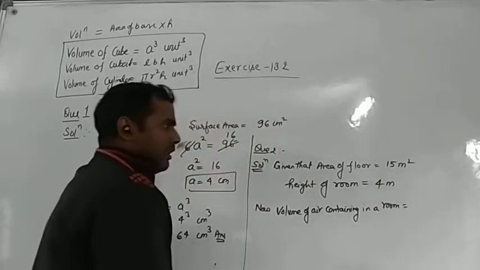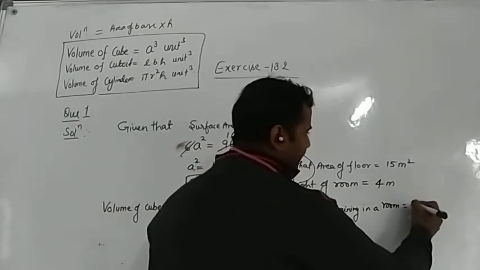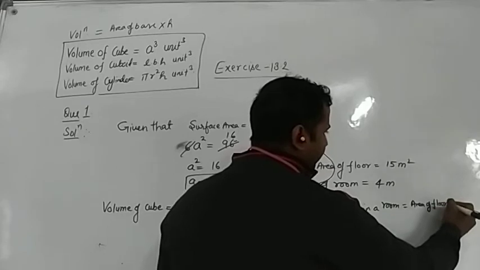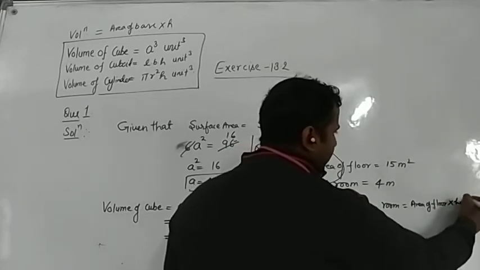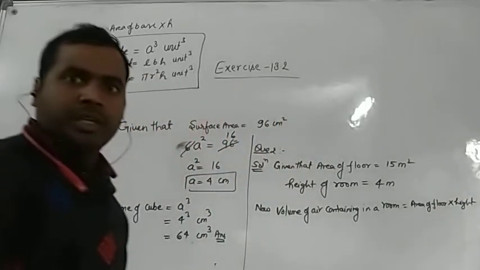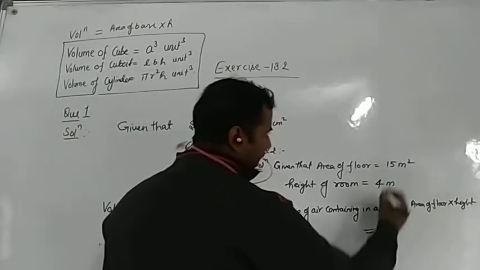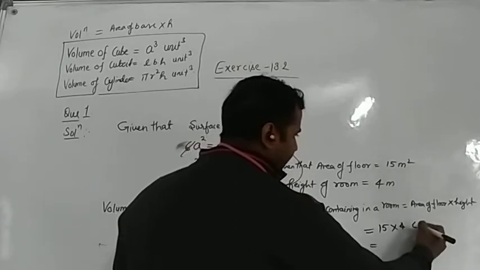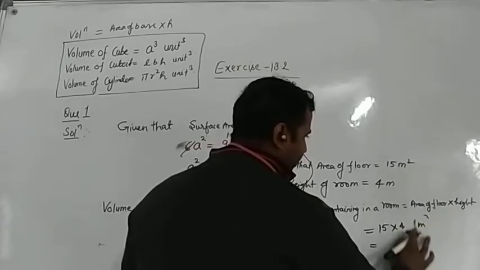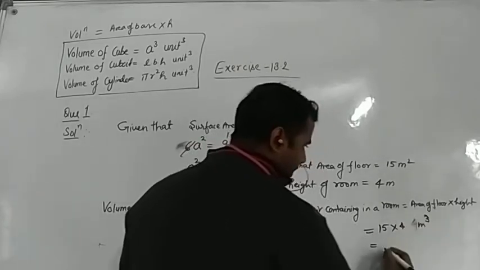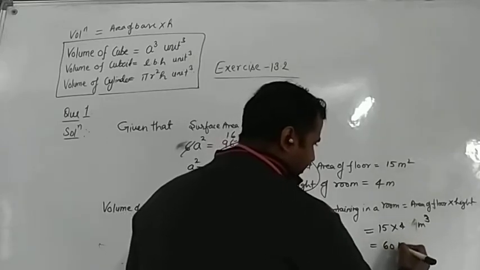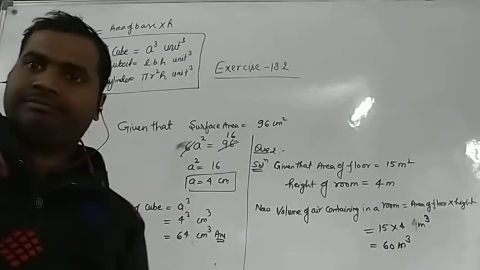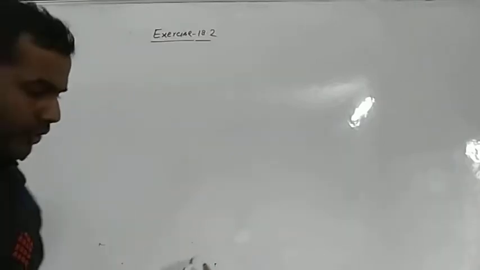That implies area of base, area of floor, base is the floor, into height. Now area of base is 15 into 4 height, meter cube, not centimeter cube. Now volume is 60 meter cube. This is the required answer.